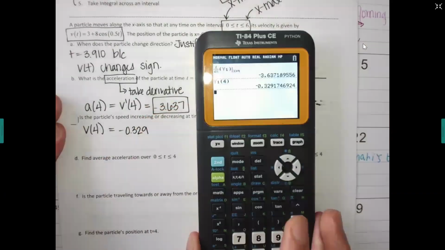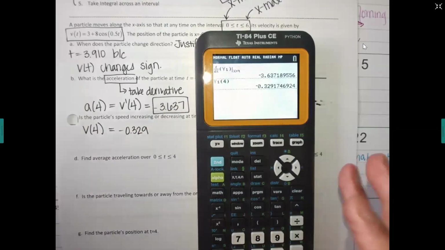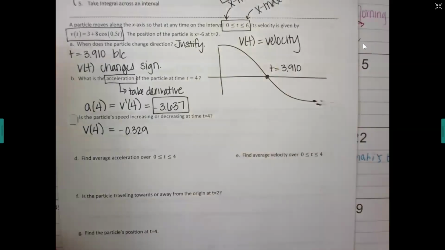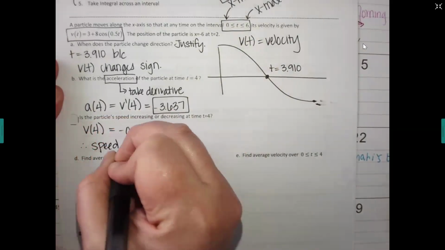So if my acceleration was negative, I already found that. Now I see my velocity is also negative, then what would my conclusion be about speed? Good, increasing. So I'm going to put speed is increasing.